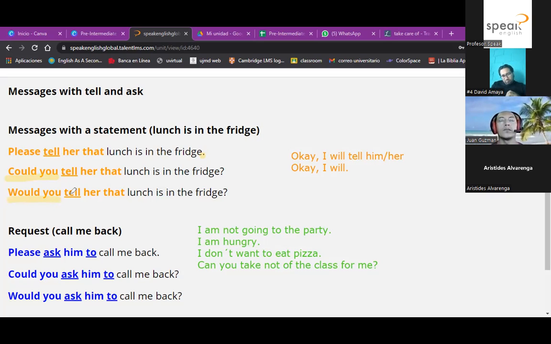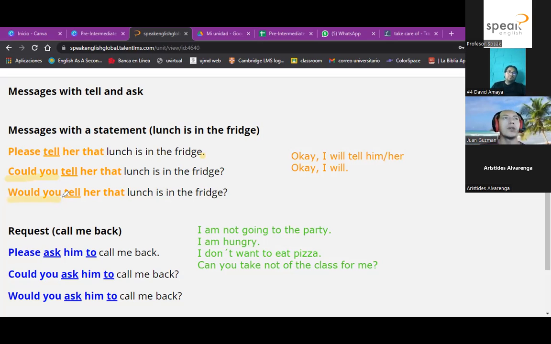No es una invitación como yo te invito a hacer algo. In this case, would you is a very formal way of like permission. Okay, everybody?